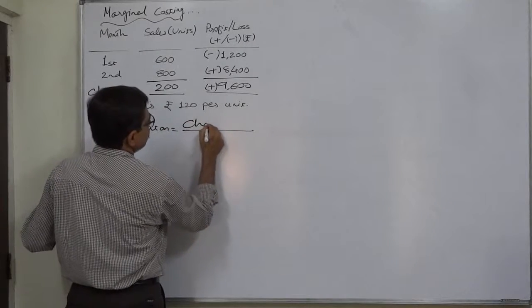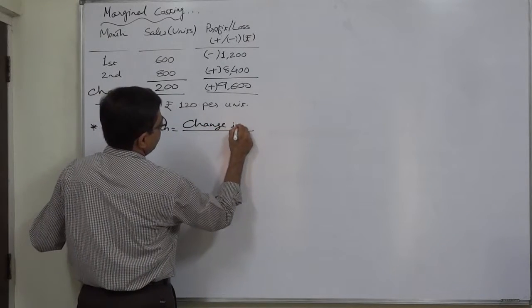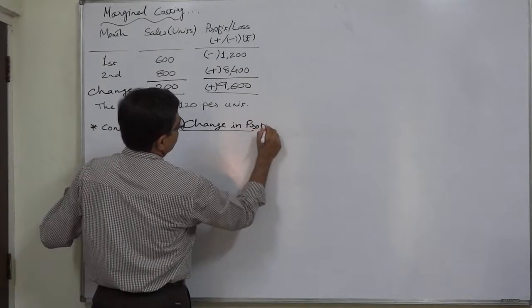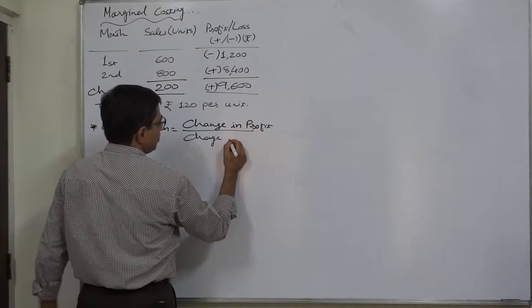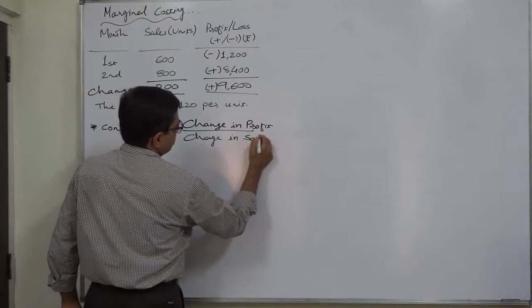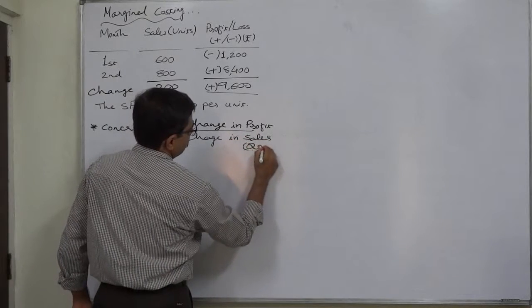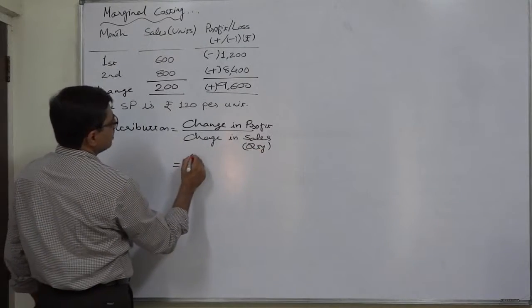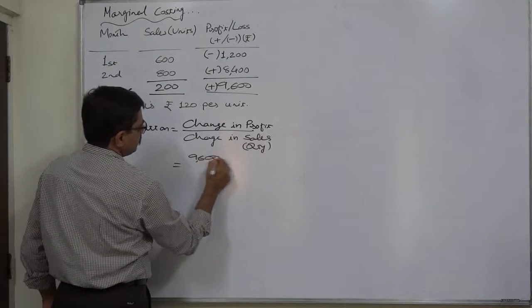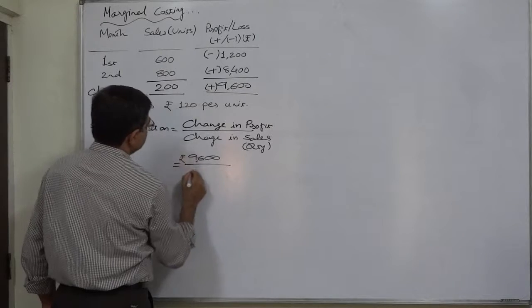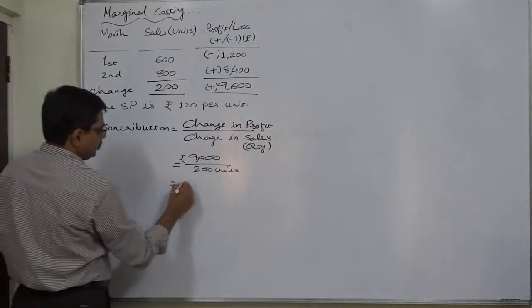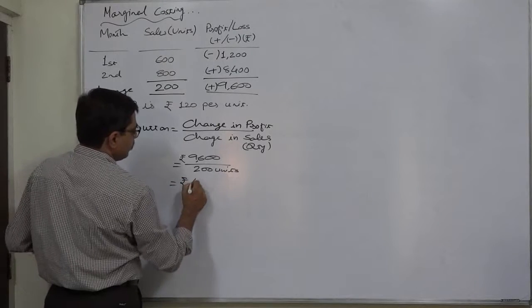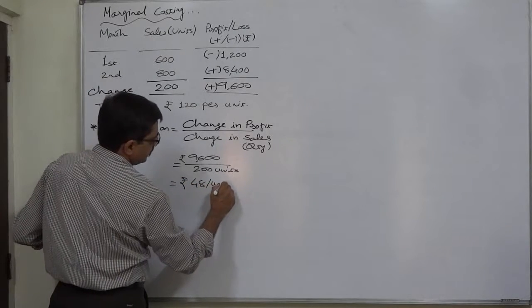Change, you can use delta, change in profit divided by change in sales quantity, so it will give us the contribution. So the contribution comes to rupees 48 per unit.